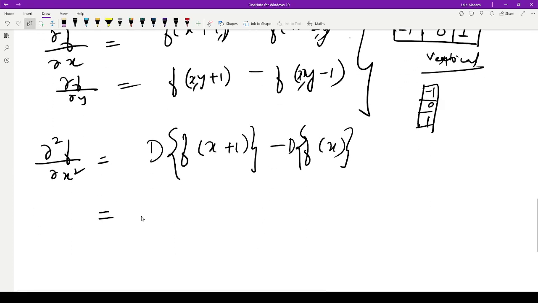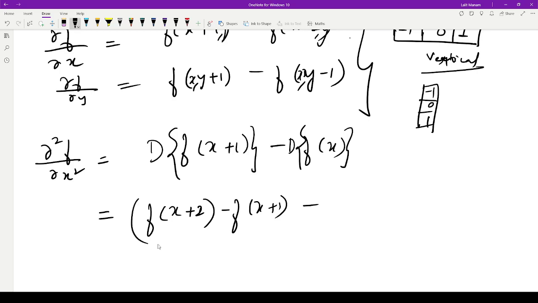So when you do this, what happens? Again we are using the same previous version, which is del of f of x plus 2 minus f of x plus 1, and minus, again applying the same thing here, f of x plus 1 minus f of x.